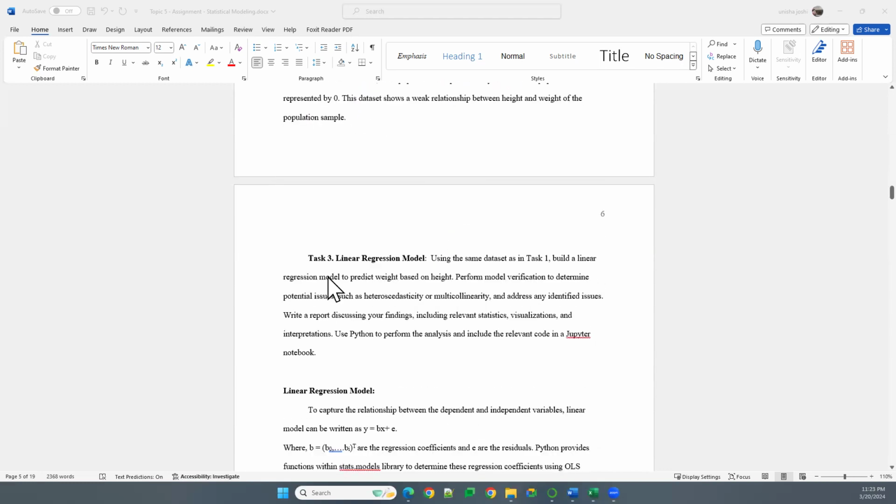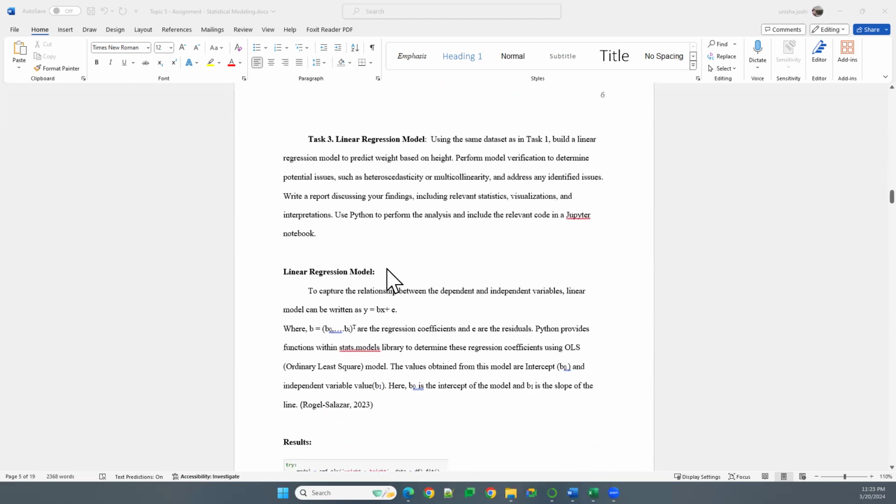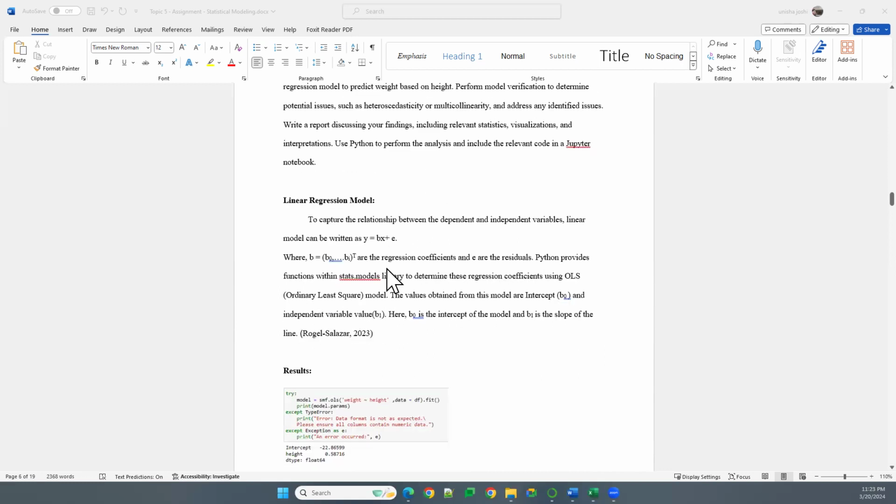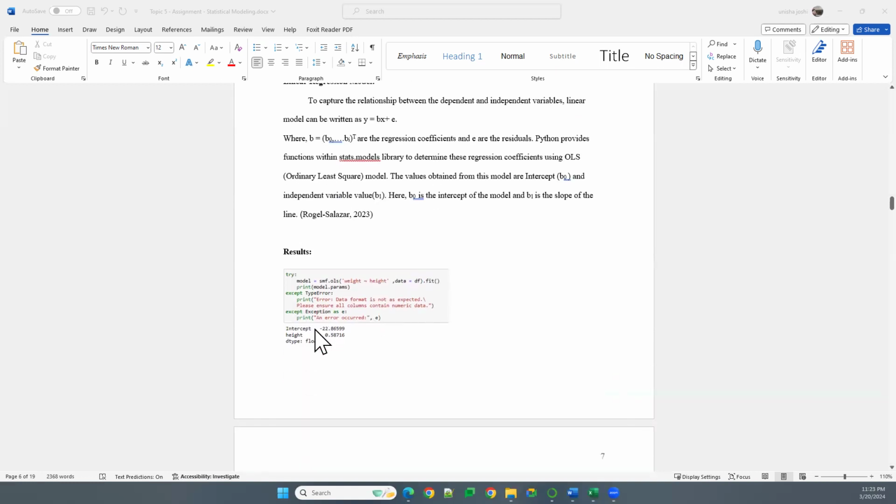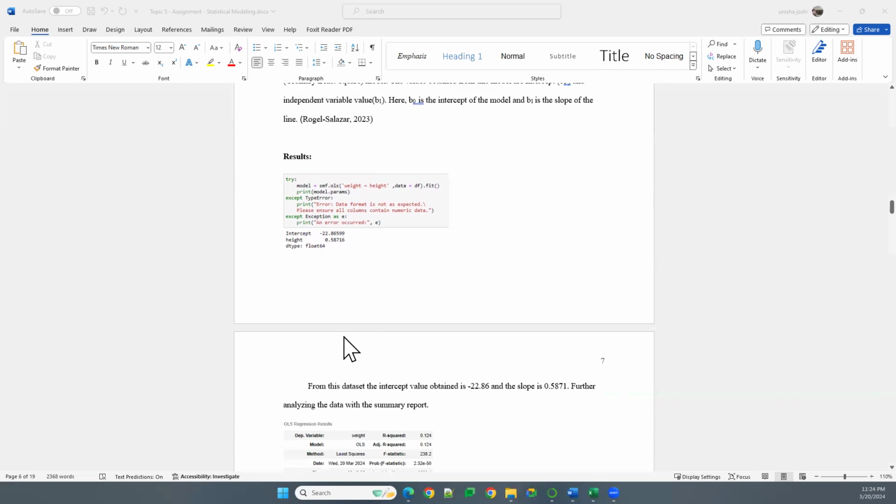And for task 3, the linear regression model, I used the OLS, ordinary least squares model, to derive the linear model. With this model, I received the intercept value as minus 22.86 and the height slope of 0.58.